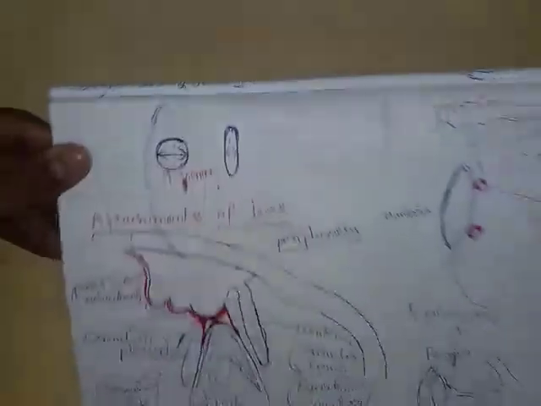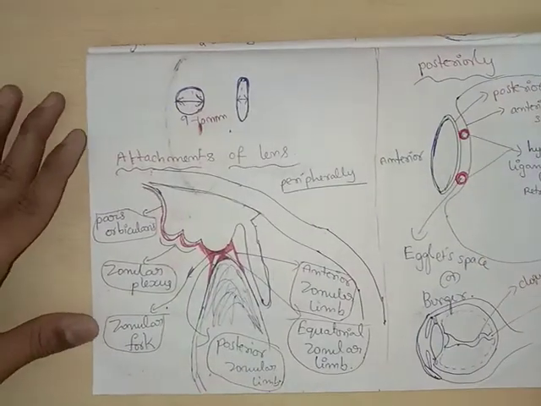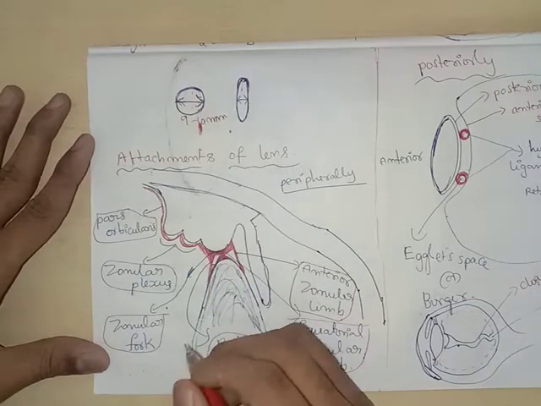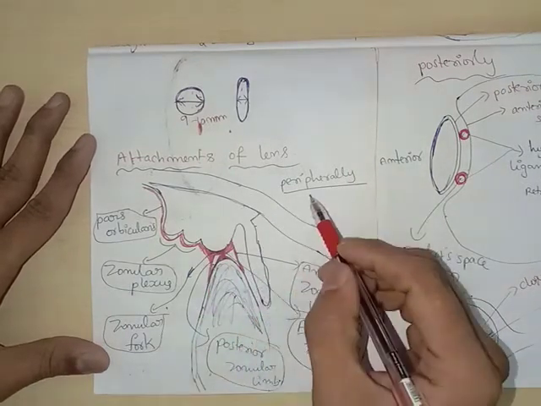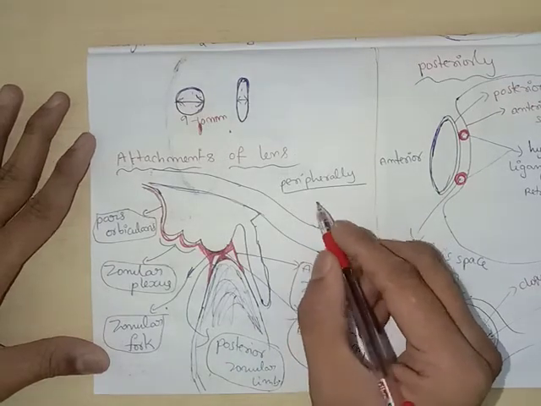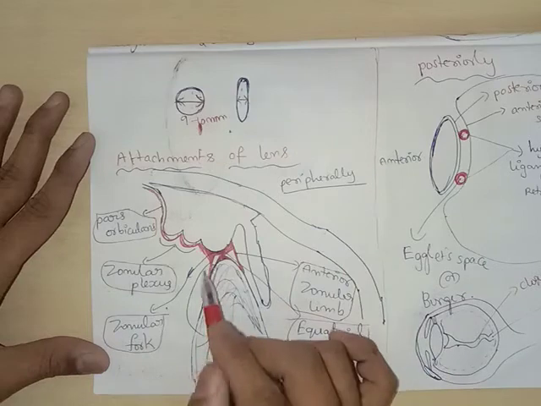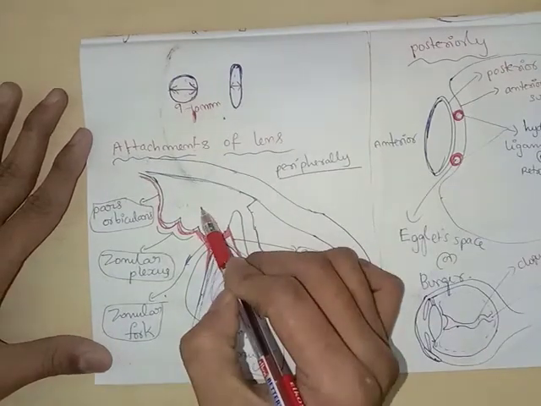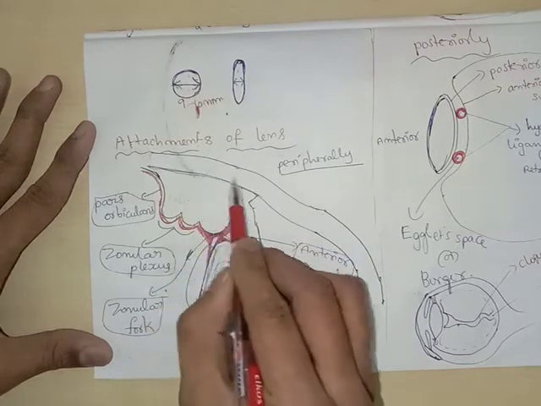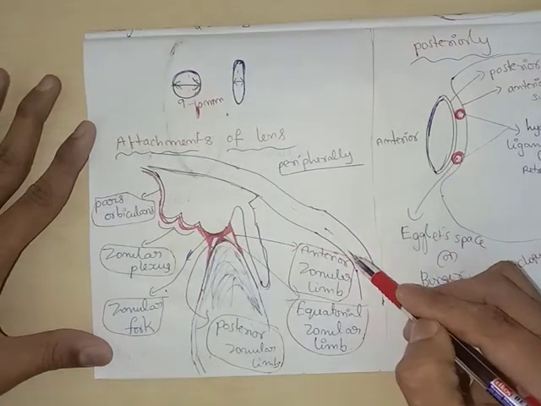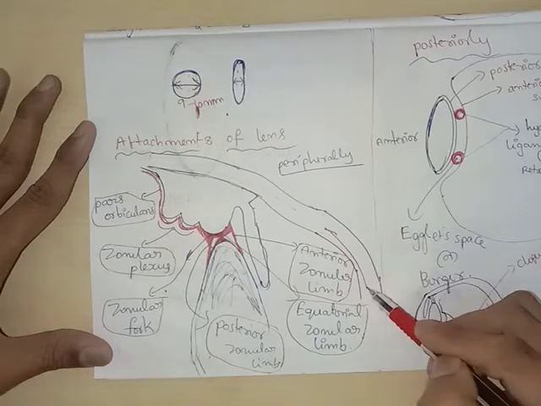This is the gross anatomy. Now I will focus on the attachments of the lens. The peripheral attachments of the lens are: this is the ciliary body, and this is the sclera. Here it continues with the cornea.